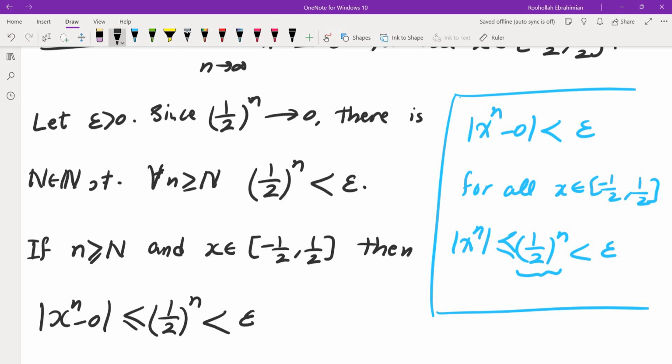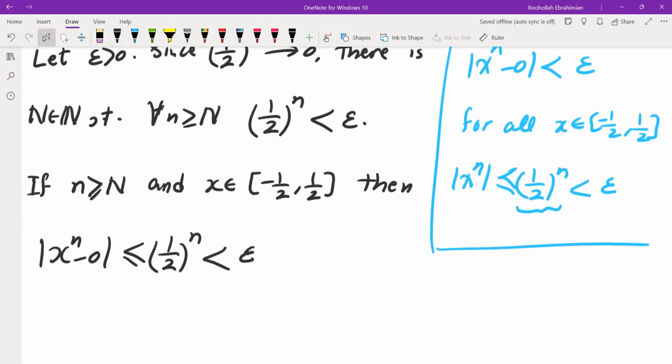So we know there is an N that after that point 1/2 to the power of n is less than epsilon, and that's exactly the N that I chose. And this means x^n approaches 0 uniformly on the interval -1/2 to 1/2.